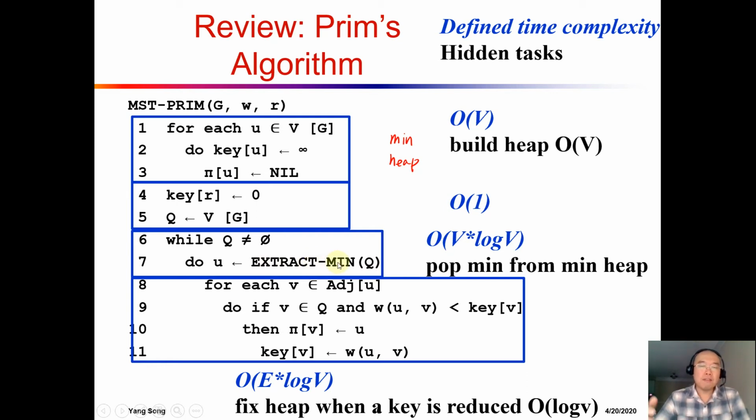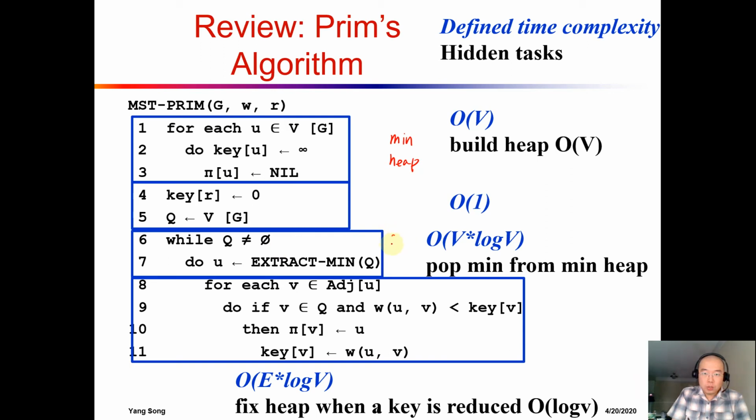If we have a min heap and we want to take out the minimum, I'm not saying find the minimum, I'm saying we want to find the minimum and then take it out. By taking that out, we do have to fix the heap structure again, right? To fix the heap structure, that is O(log V).